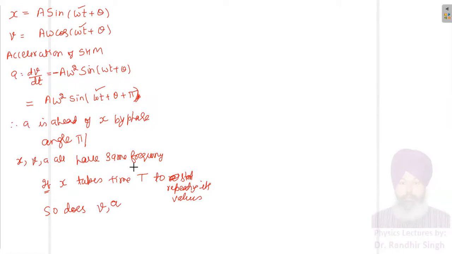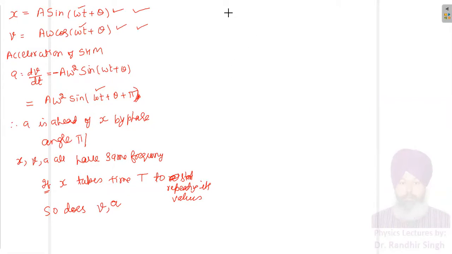So if in 1 second one vibration is completed, then x will complete all its values, v will complete all its values, and a will also complete all its values. But in 2 seconds x will repeat its values twice, and v and a will also repeat their values twice.